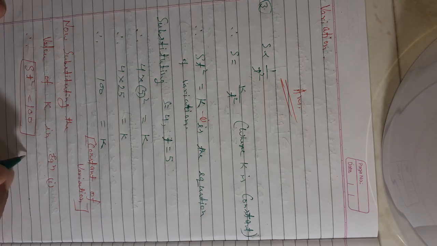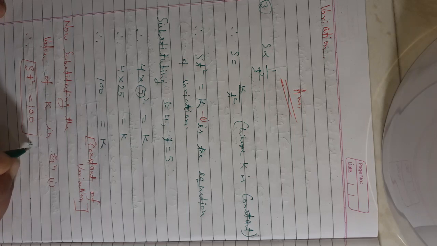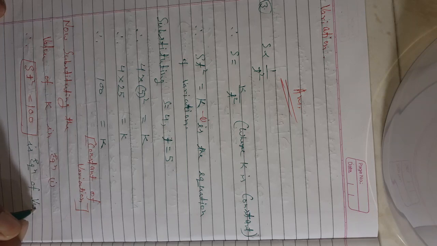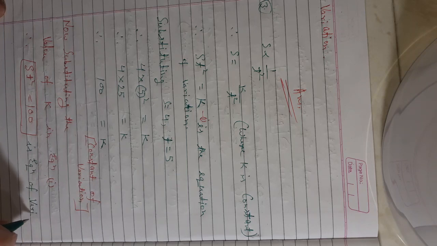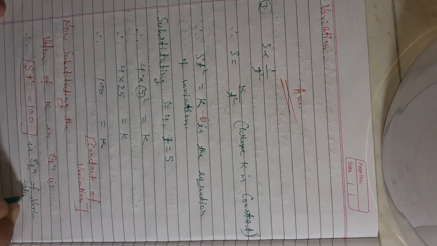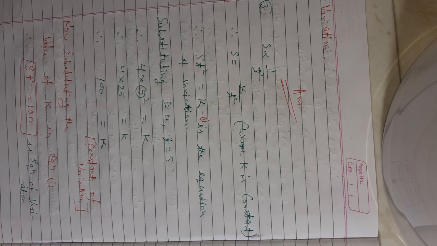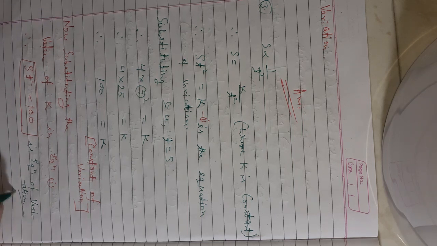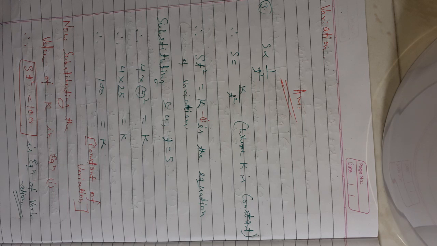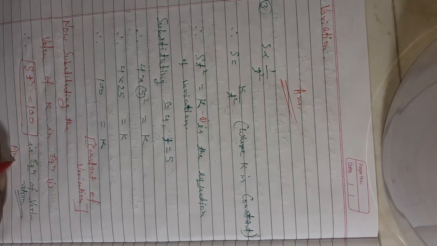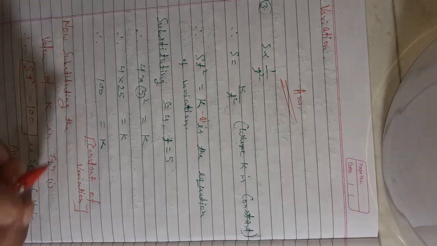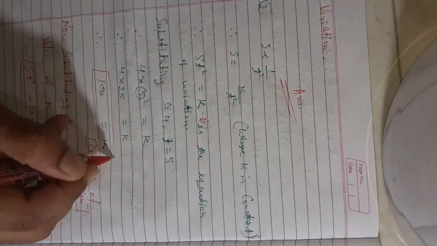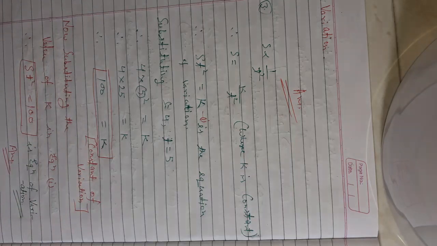This is the equation of variation, the final answer. Clear? These both we got. So this is fully completed.